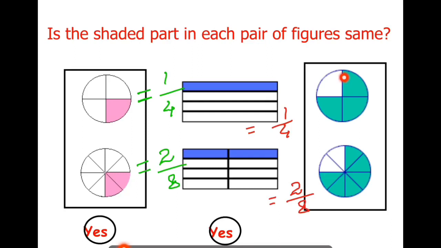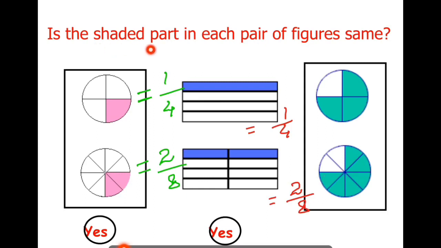And let's see the shaded portion. Here this much is the shaded portion of this first circle, and here also this much is the shaded portion of this second circle. From this line segment to this line segment, this much is shaded, and here also from this line segment up to here is shaded.